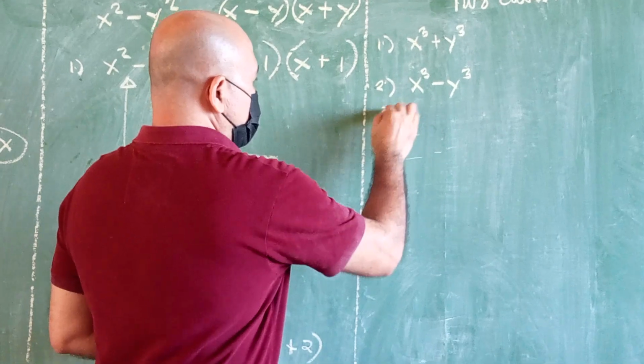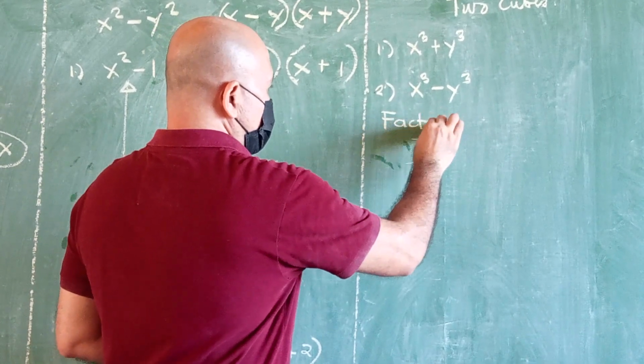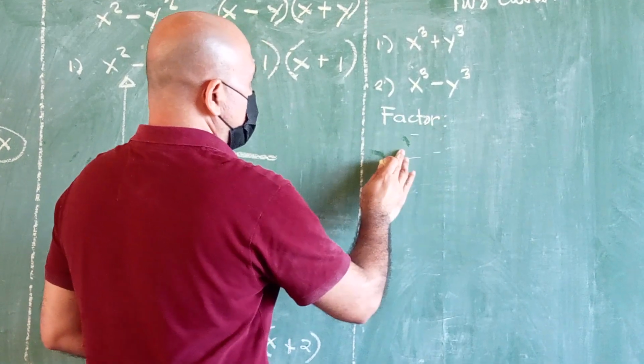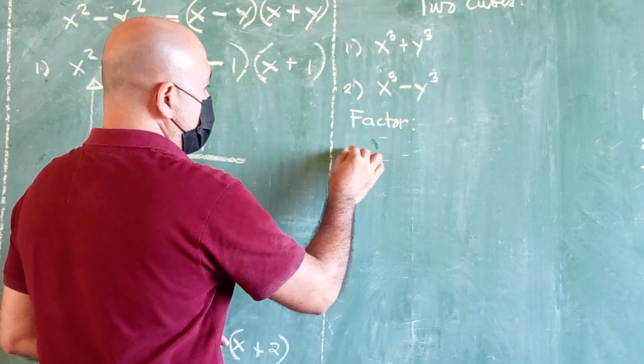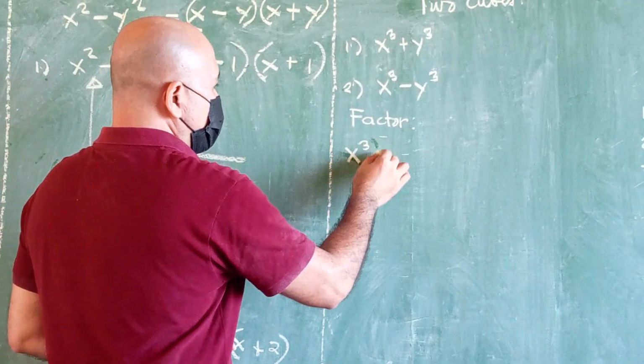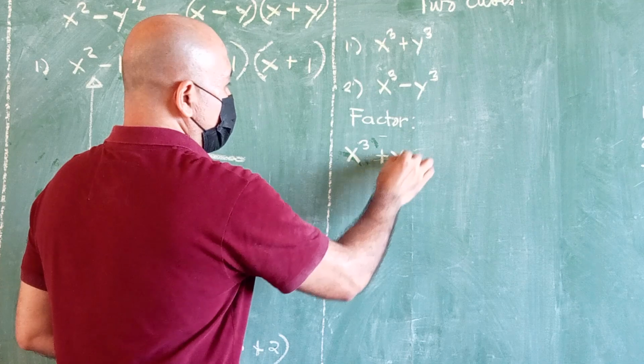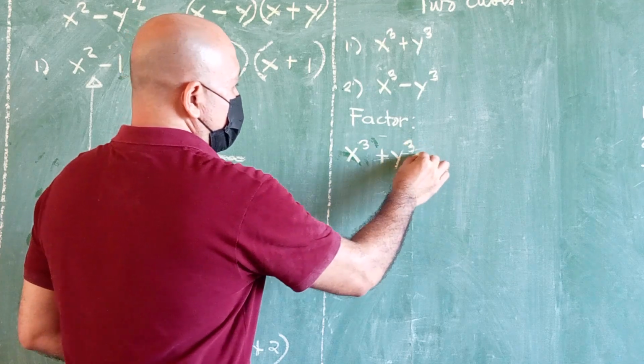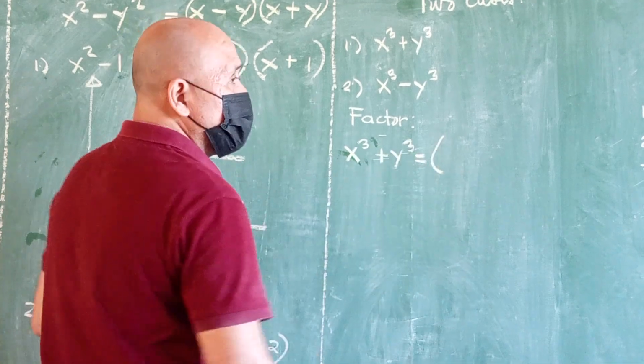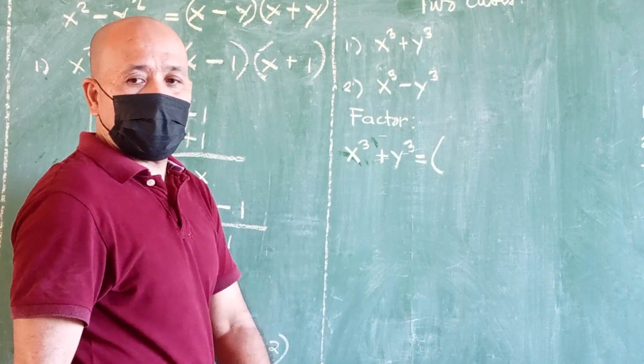Okay, so just simply follow this one, guys. For example, you have for the sum of two cubes, x cubed plus y cubed. To factor this one, use the shortest possible technique.